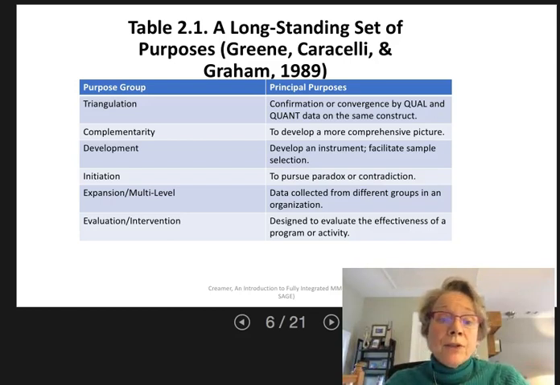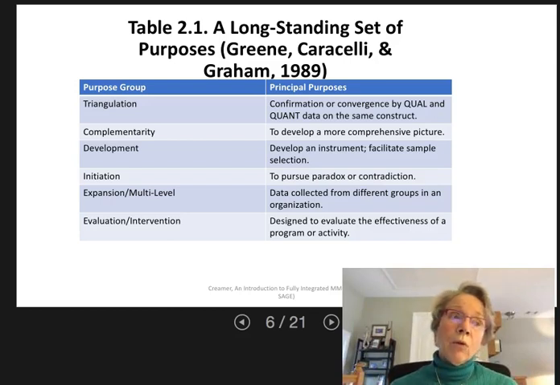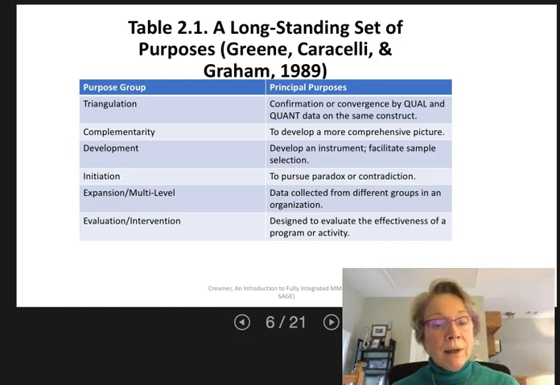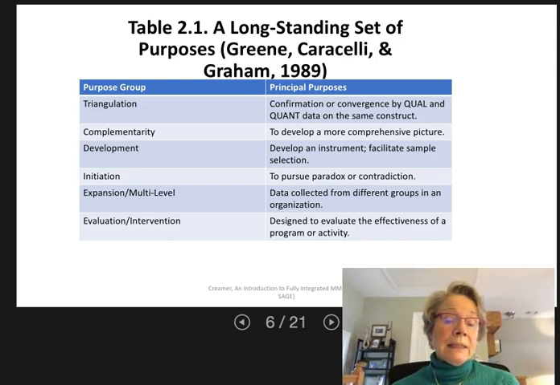So triangulation fits the idea that validity is enhanced when you have multiple data points that converge. So in a triangulation study, you would have qual data and quant data about the same construct, and you would see the extent that those converge or confirm each other in order to enhance validity.